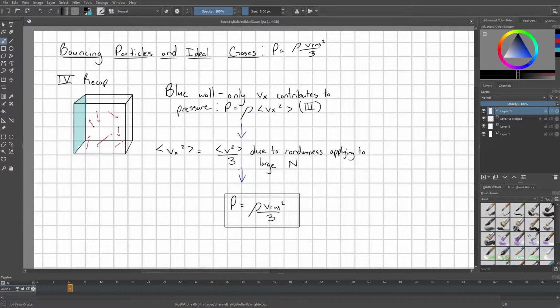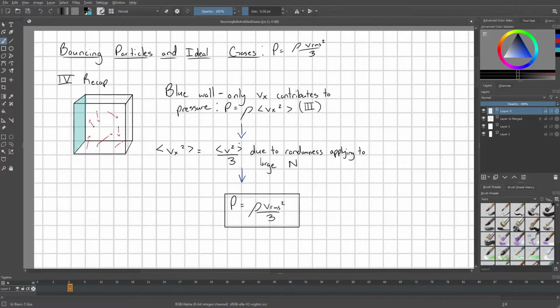We accomplished this by taking our results from the third video and recognizing that once you allow the particles to move in any direction, for this left wall here, where the pressure is only dependent on the x directional velocity, we somehow needed to convert our total velocity into just how much x directional velocity that is.